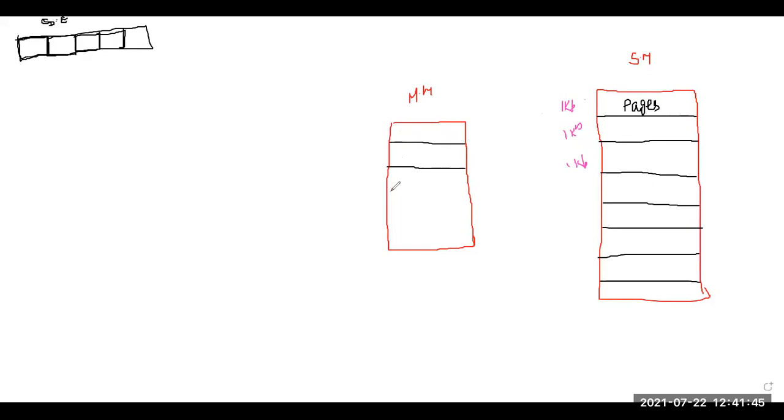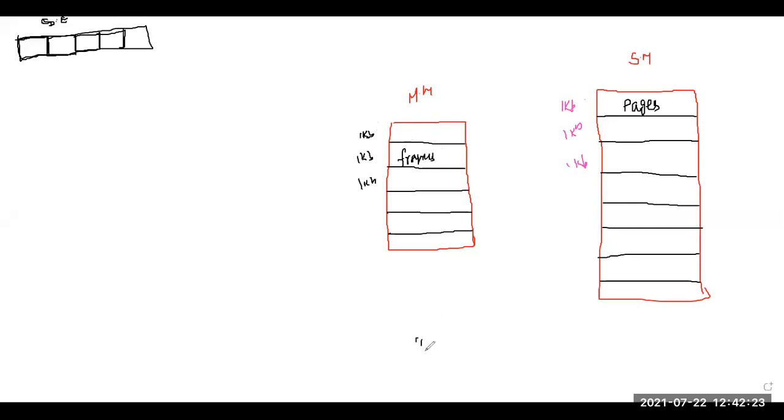I will divide this main memory also into fixed size, which means I cannot make further partitions. The size of each block should be equal to the size of each page. If it is 1 KB, these are also 1 KB. And these blocks are called frames.